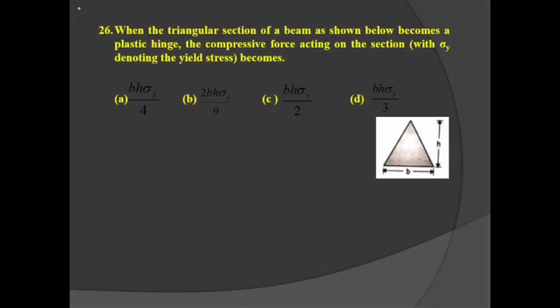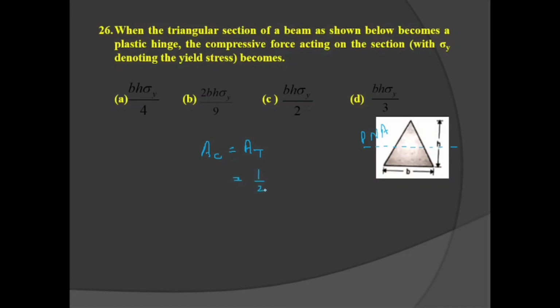When the triangular section of a beam as shown in the figure becomes a plastic hinge, the areas on both sides become the same. So this area and this area become the same, then this is our plastic neutral axis. So the area for the compression zone must be equal to the area for the tension zone. This type of problem I discussed with you very clearly.